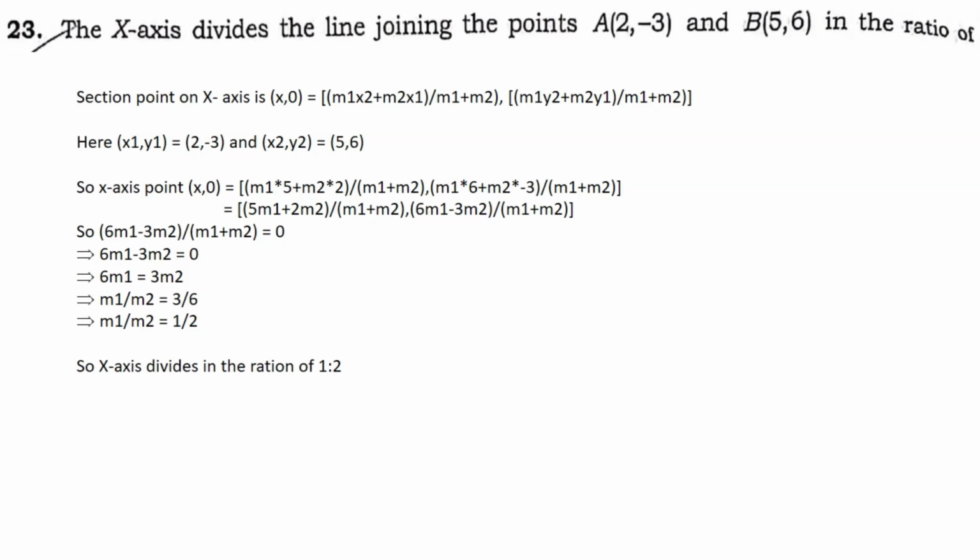So by substituting the values in the above formula we can get the point. Here, equating the y term on the x-axis to 0, 0 equals (6m1 minus 3m2) by (m1 plus m2). So the denominator will vanish, so the numerator equals 0. 6m1 minus 3m2 equals 0. By solving, m1 by m2 equals 1 by 2. So the x-axis divides in the ratio of 1:2.